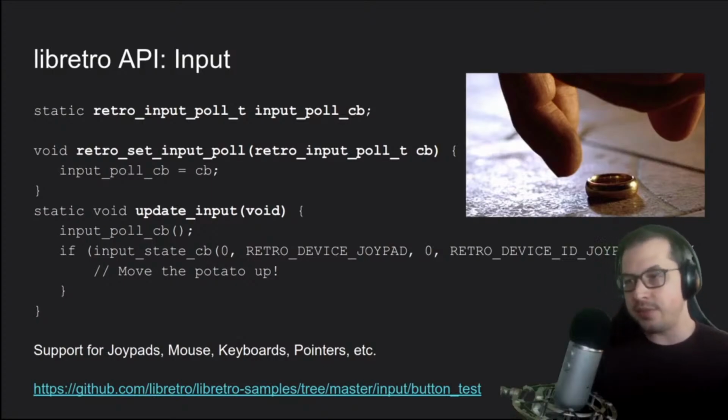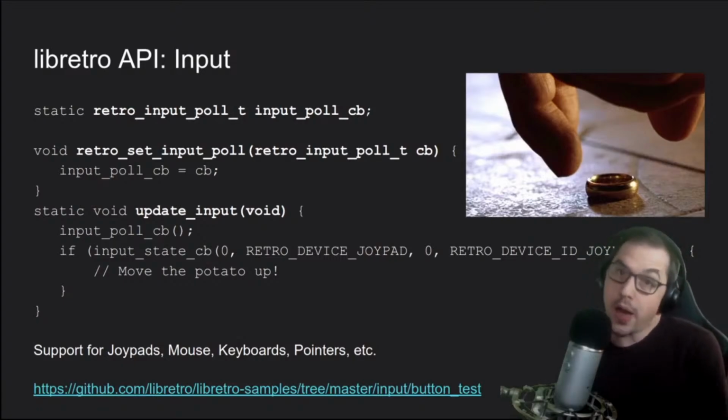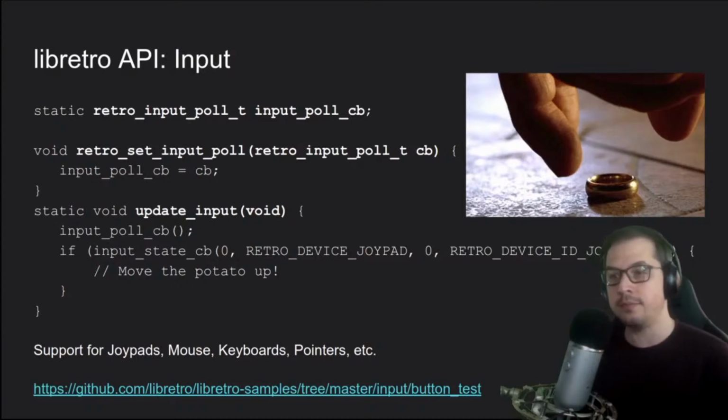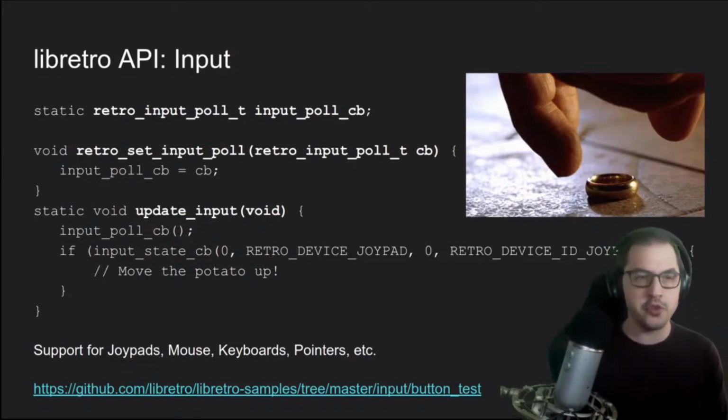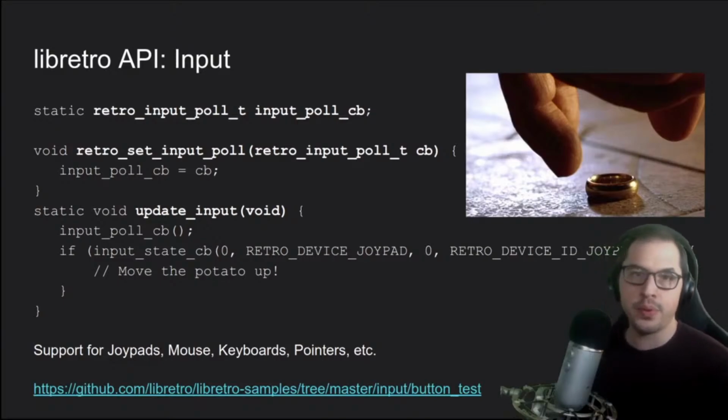In this case, we're checking if the up button is pressed on our gamepad. And if it is, we could do something like move the potato up, which is very exciting. All Libretro cores support joypads, the mouse, keyboards, touch pointers as well. So really cool.